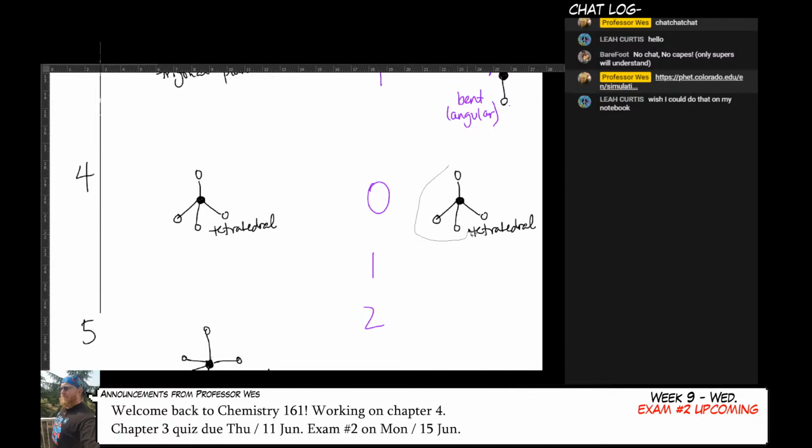So I just want this shape here. Apparently I didn't get all of it, but that's okay, because we're going to erase that one anyway. So I'm going to erase 1 of the electron groups. That's actually not a good one to do, now that I think about it. Let's do this one.